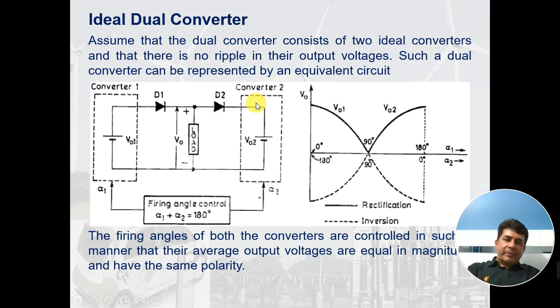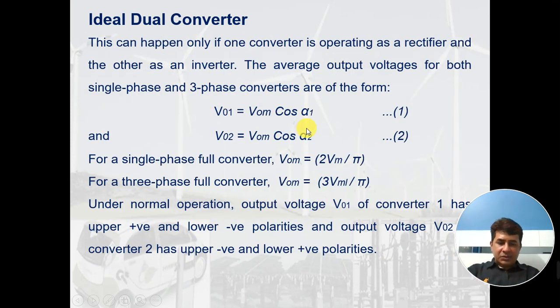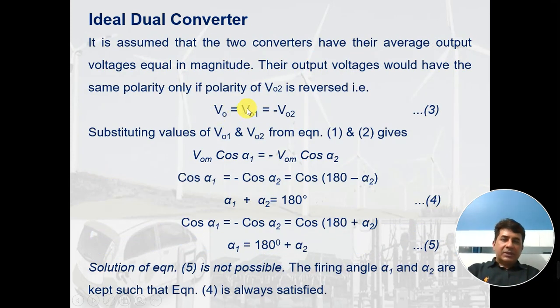So the voltage given by this and the voltage given by this, the average voltage of both will be the same. This is what we considered: the average V01 is equal to V02. This is what we discussed in the case of an ideal dual converter.